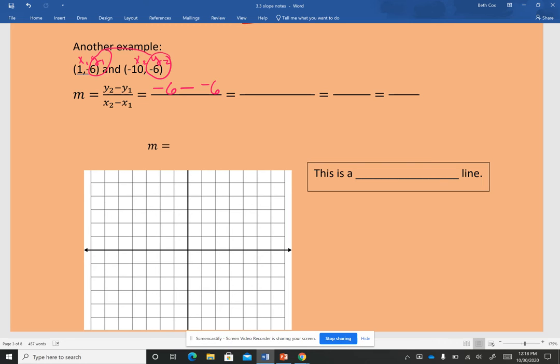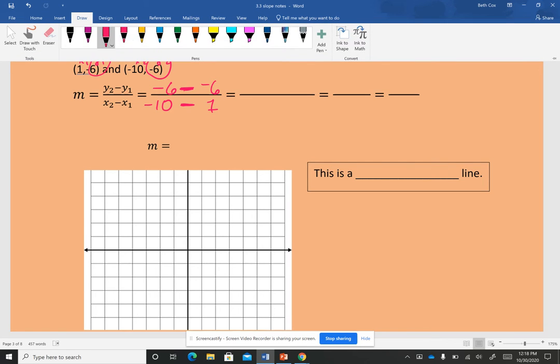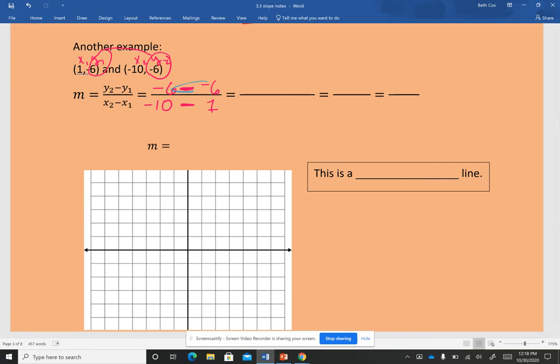And then I'll do the x's, negative 10 minus 1. Remember, the minus here is part of the formula. All right, I have a double negative on top, so that's going to turn into plus. I don't have that down here, so that gives me negative 11. That gives me 0 over negative 11. Well, that's 0. And remember, when you have 0, you have a horizontal line.